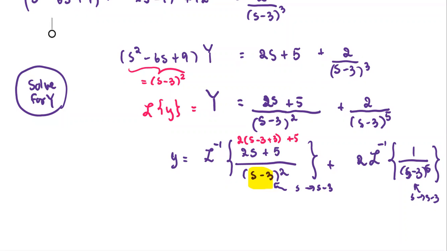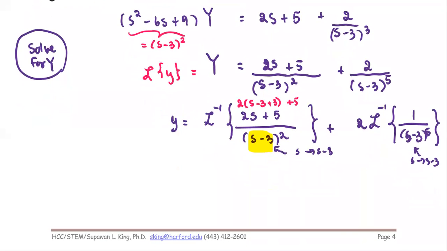Actually, this is the same as the earlier example, if you recall. And this one becomes the inverse Laplace of the 2 times s minus 3 divided by s minus 3 squared, or becomes 2 divided by s minus 3. That's one of them. And the second one becomes 11 over the quantity s minus 3 squared.